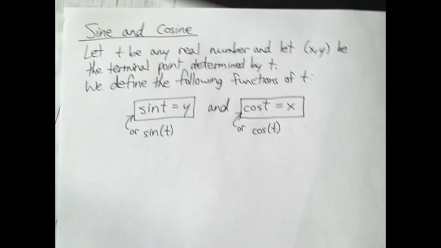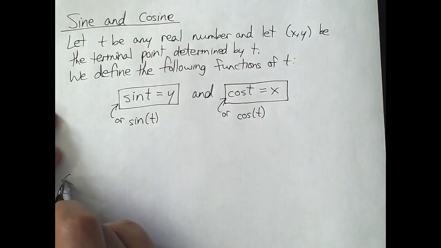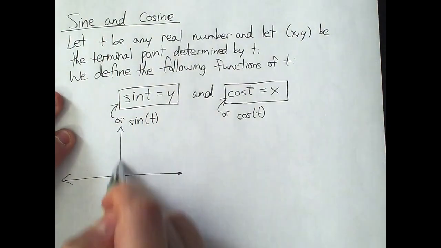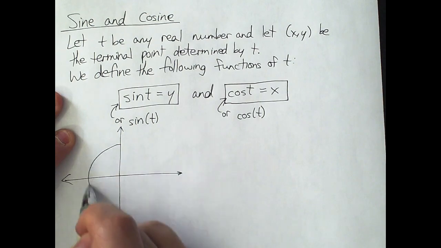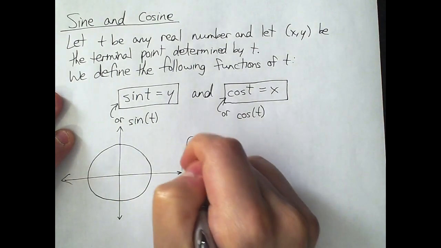Let's move this up. So this lesson is about trigonometric functions, and we just defined 2 of them, and they're actually pretty simple definitions if you understand what terminal points are. So, for example, scratch work unit circle. All right, example.